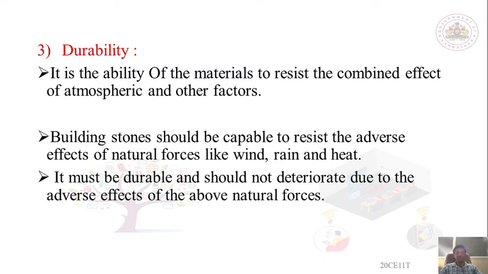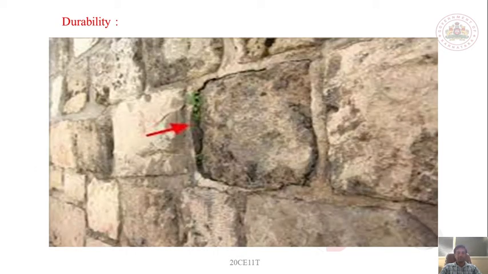So durability is nothing but an indicator of whether the stone is able to resist the combined effects of atmospheric and other parameters. You can see in this picture there is a stone which has disintegrated because of atmospheric effects, like wind, rain, or frost, or any atmospheric agencies.